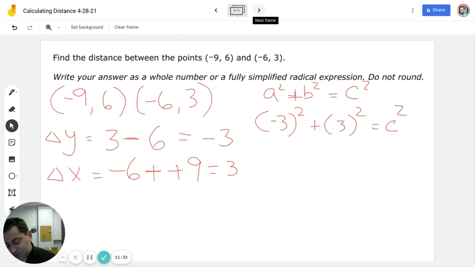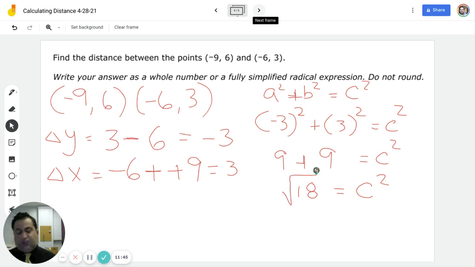I have 9 plus 9, which is going to be 18. We've got to take the square root. Here's the problem. I know that 5 squared is 25, and I know 4 squared is 16. So it's going to be 4 point something, but we don't know what it is. We have to break this up into its multiplication.